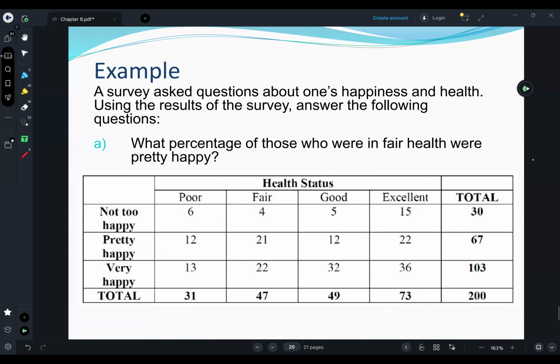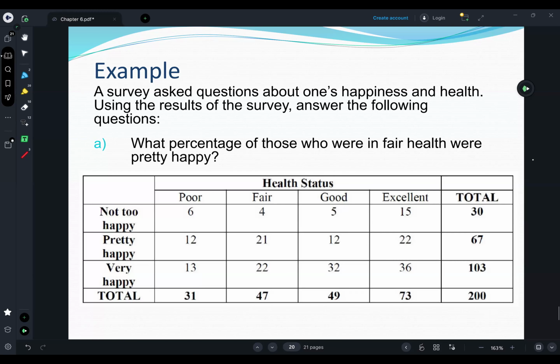And you can do that by getting the survey data and checking it out. So what should we do? You're given this table, and for health status, we have poor, fair, good, and excellent. So 4 levels.